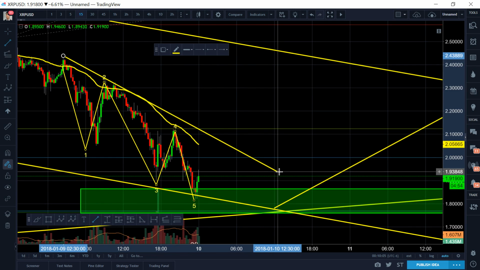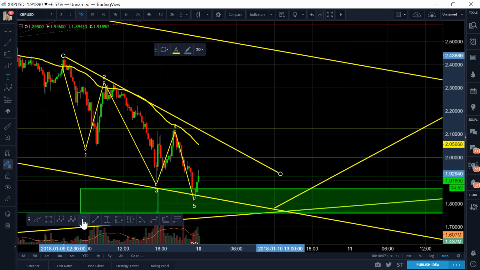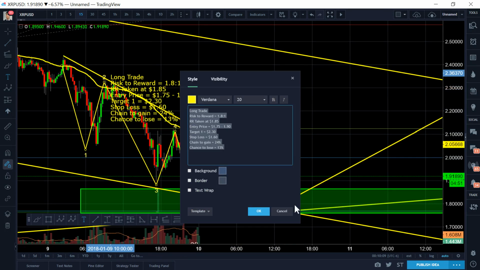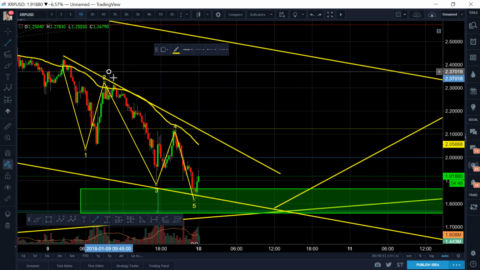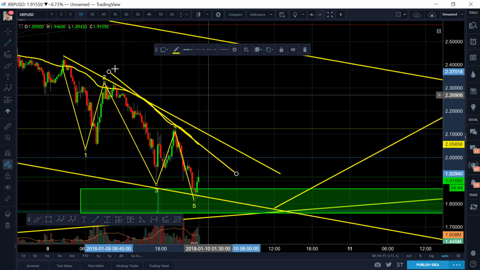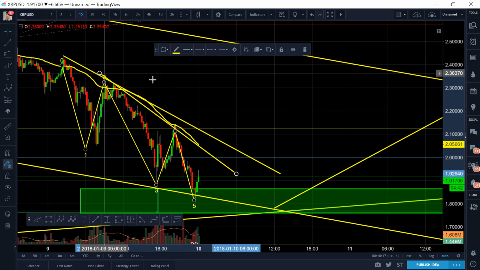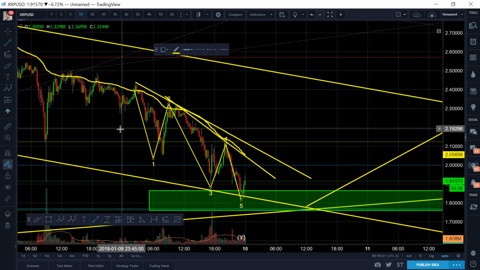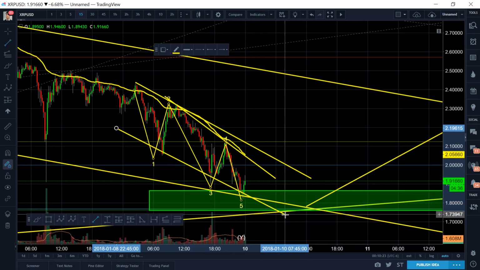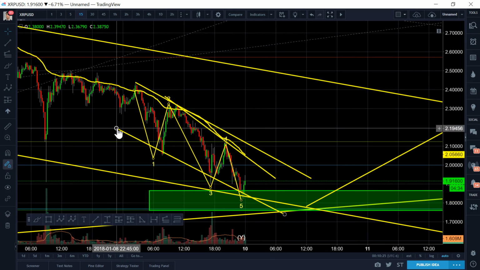Everybody is so patient right now. But don't worry, you guys will know when it's time to buy. But at the same token, this is just finding support like that, right?